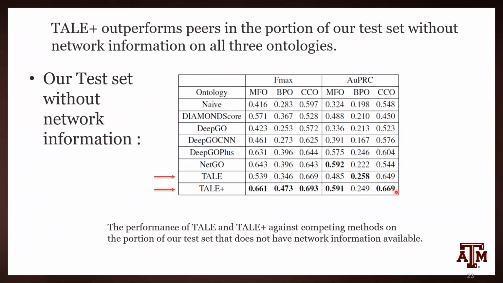So thirdly, we compare different methods on the portion of our test set without network information. So you can see here, TEL plus actually reached the state of the art on all the 3 ontologies across 2 metrics. So that means when network information is not available, TEL plus is the state of the art.